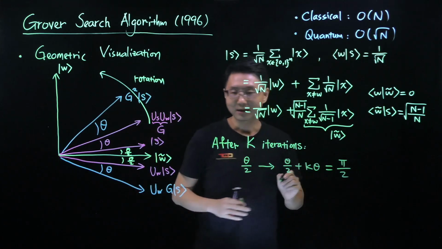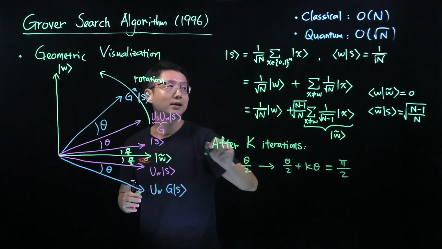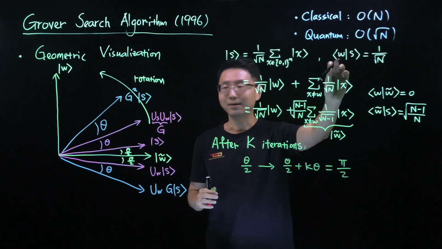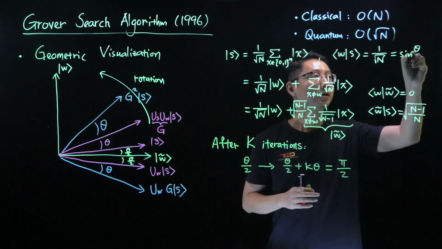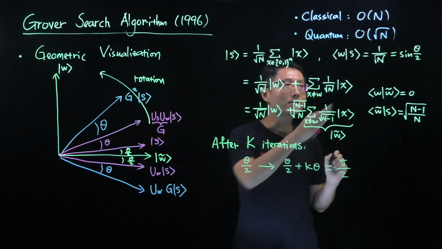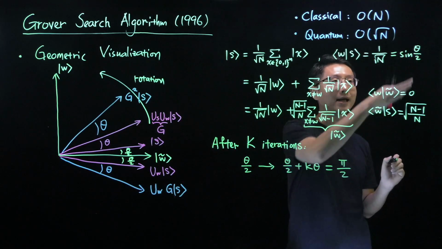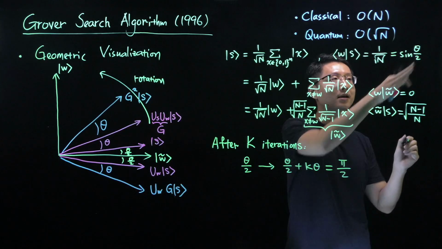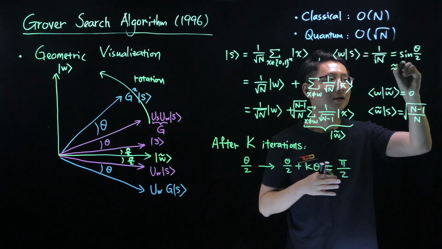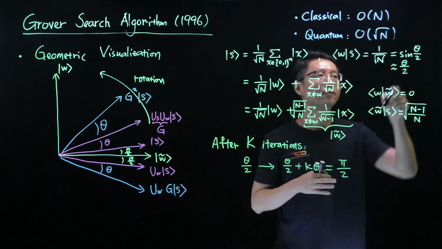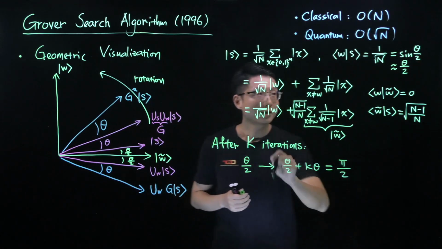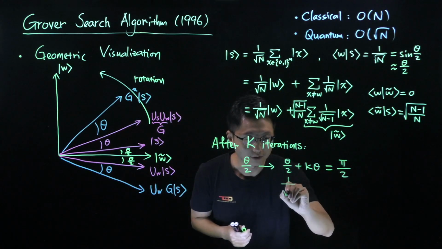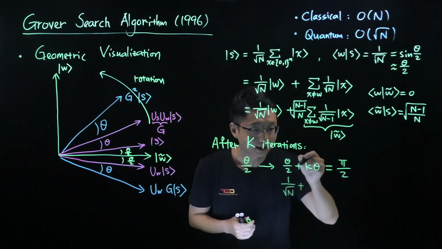So let us remind ourselves that theta over 2 is the initial overlap between the W and the S. So this number is equal to sine of theta over 2. We are discussing the case of large value of n, so this is a small angle. So for a small angle, sine of theta over 2 is approximately equal to theta over 2. So theta over 2 is approximately equal to 1 over square root of n. So here, then we will have 1 over square root of n plus k times theta.